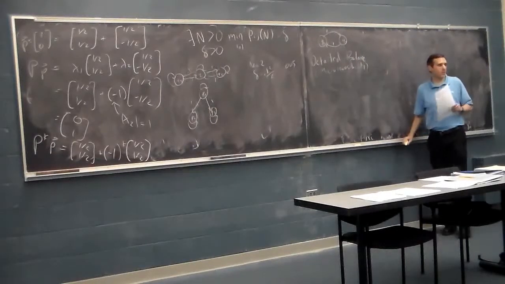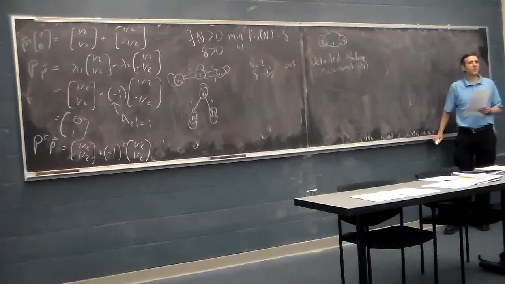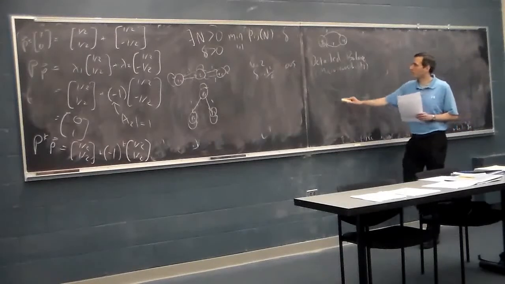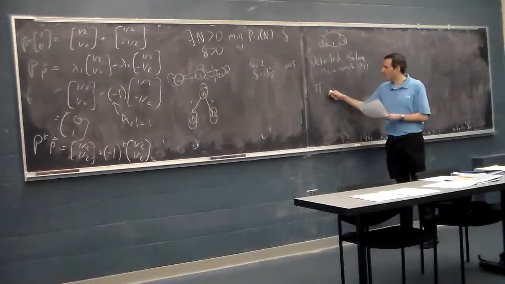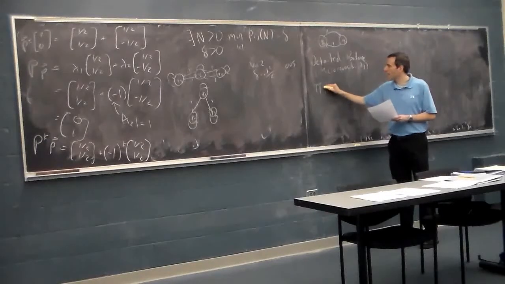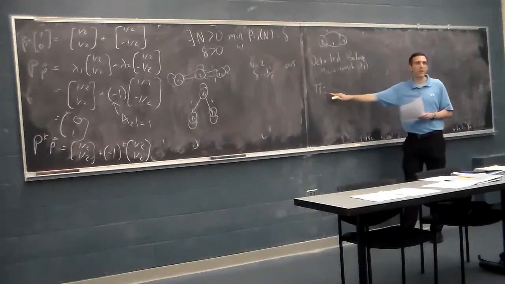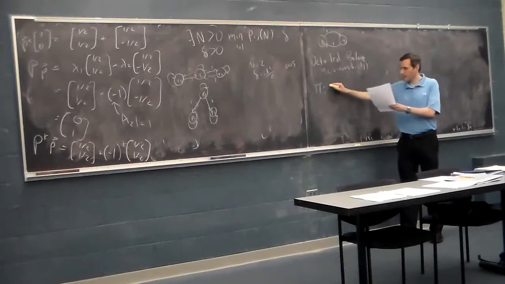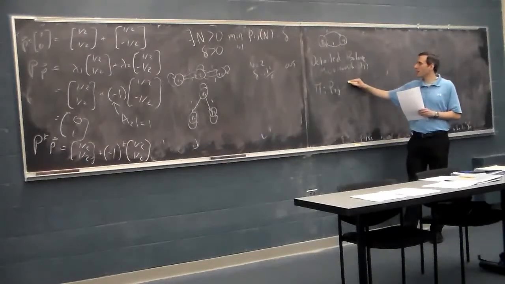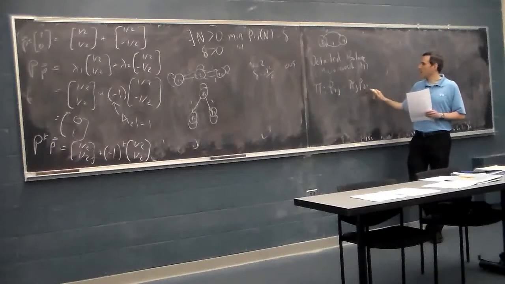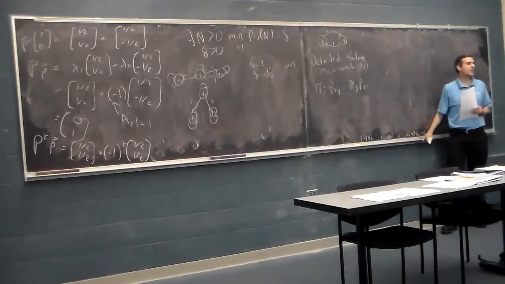So detailed balance is a way of establishing some constraints on the possible values of pi. In particular, detailed balance is the condition that for any i and j, the stationary probability pi_i of being in state i times the transition probability of going from i to j is equal to the probability of being in state j in the stationary state times the probability of transitioning from j to i.